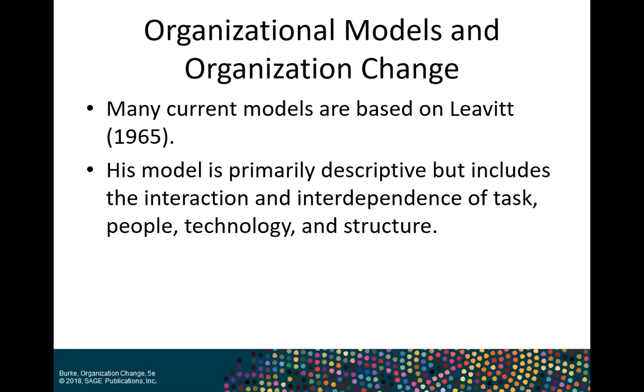Many of the models that we're reviewing today are based on Leavitt's work in 1965. Leavitt had a model that focused mostly on descriptive behavior, right? Focused on interaction, interdependence of tasks as it related to people, process, technology, structure, those types of common elements.